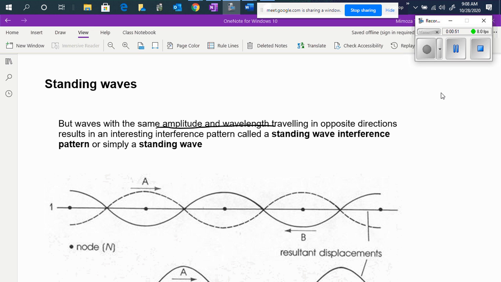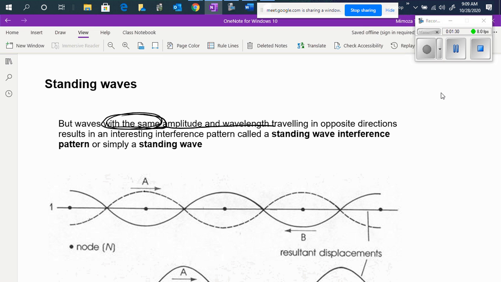Now, same waves, with the same amplitude and wavelength, traveling in the opposite direction. As you see here, we have wave A that is represented by those dotted lines, and wave B that is represented by this continuous line. When they meet, the waves will be cancelled out.